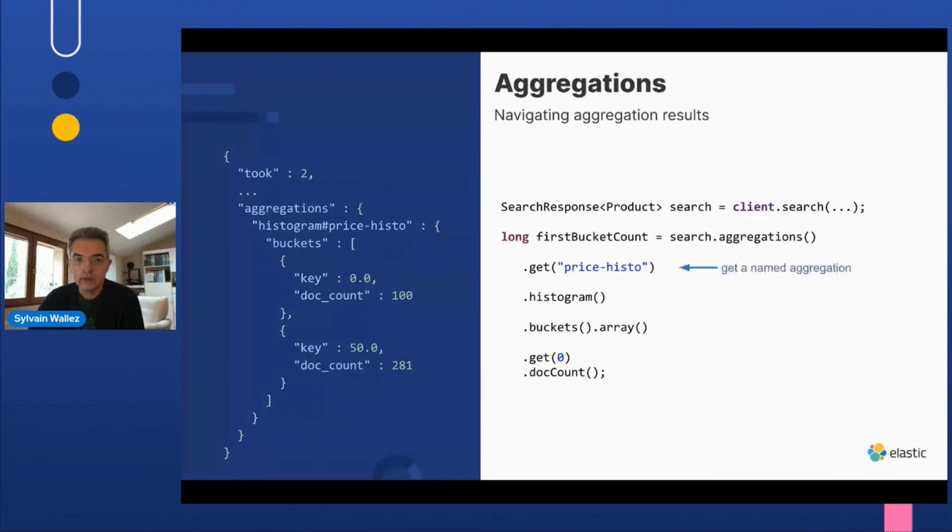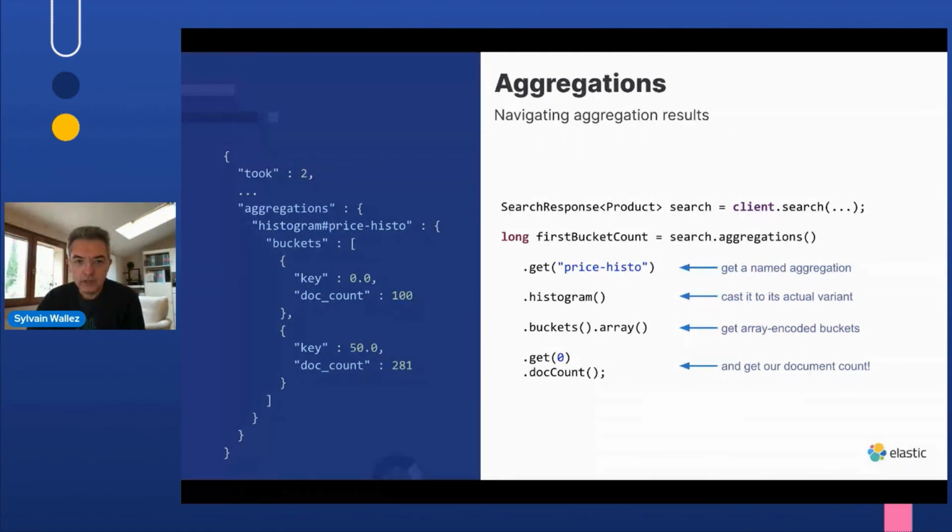So typically here in the Java code, we follow the structure of the JSON by first getting our aggregation by its name, then casting it to its actual variant. The interesting thing here is that you don't have to do a Java cast. The named aggregation is actually a disambiguation wrapper object that provides all the variants that you can expect from an aggregation result. We just select the histogram variant, and from there we can navigate to our buckets, get the array form of buckets, and finally get the first bucket and its document count.